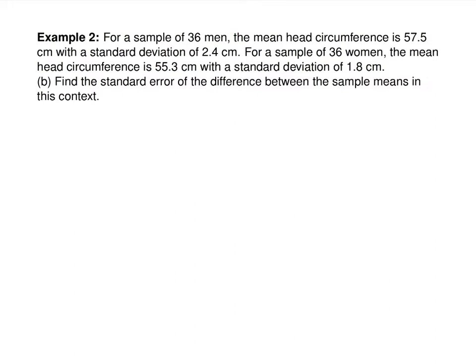Find the standard error of the difference between the sample means in this context. Well, the standard error for x1 bar minus x2 bar is equal to the square root of s1 squared over n1 plus s2 squared over n2.